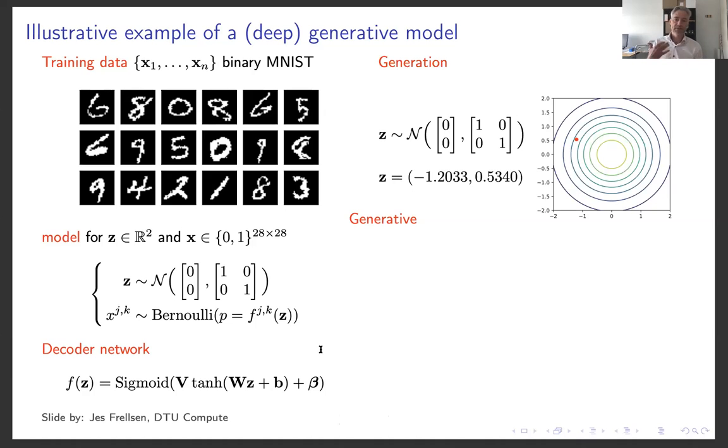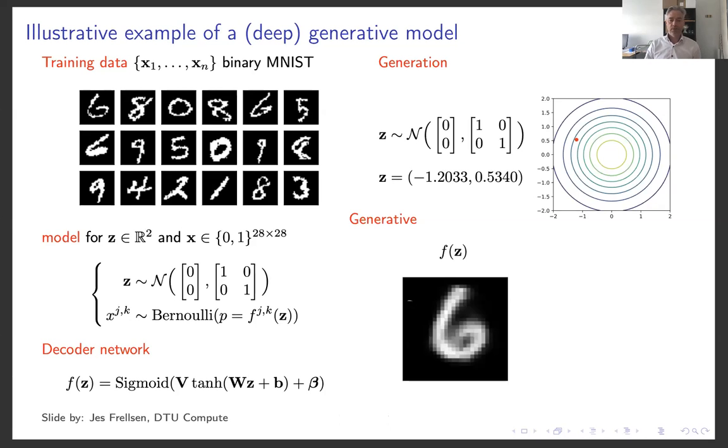So let's say that we now have some scheme to train this model. Then we can actually synthesize data. We can, for example, draw from this Gaussian prior distribution here, and maybe we get this point, which is illustrated with this red point. That will give rise to an F function. I'll show you here that this is the F for this specific position. And that will give us the mean.